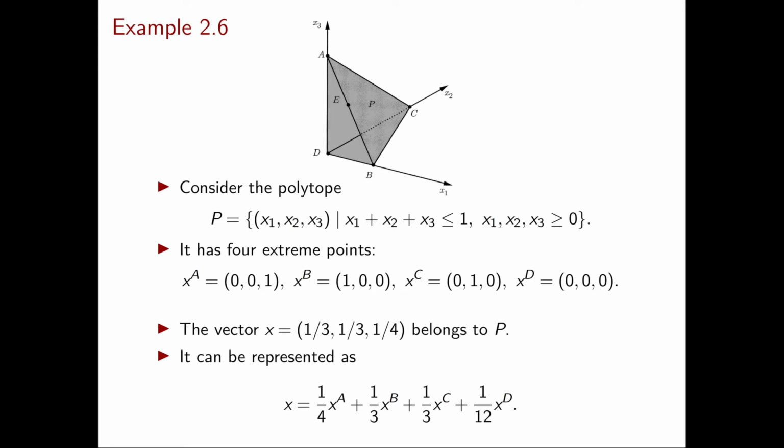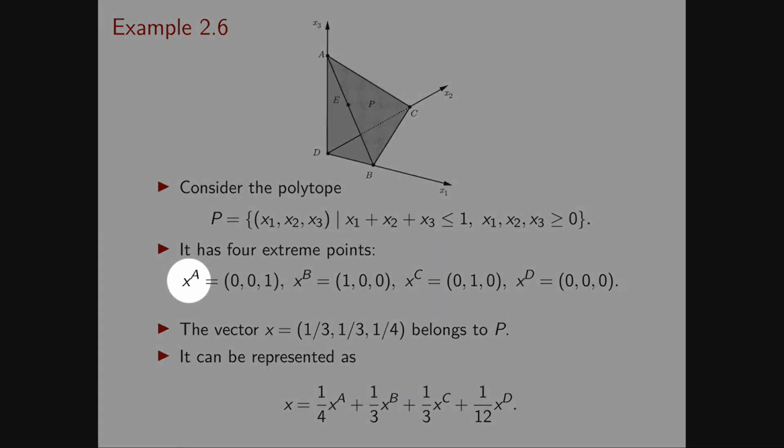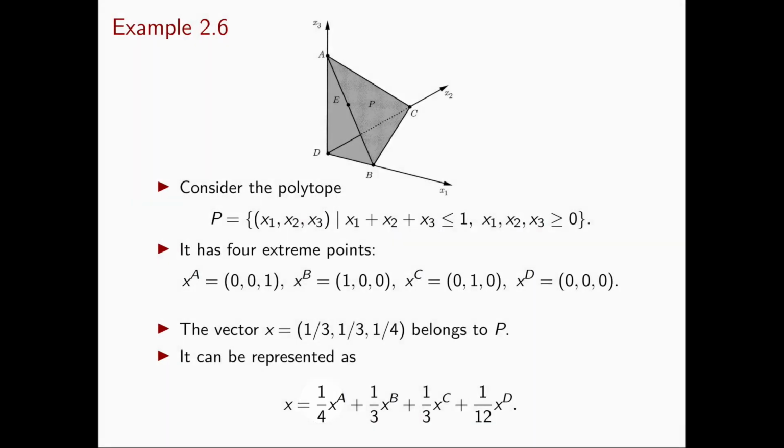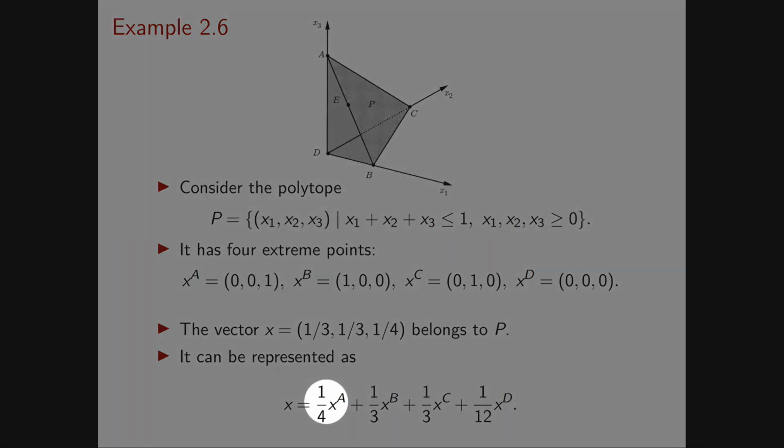So what we have to do is find the 4 lambdas corresponding to the 4 extreme points. You can check that the lambdas are given by 1/4 for the vector (0, 0, 1), 1/3 for the extreme point (1, 0, 0), 1/3 for the extreme point (0, 1, 0), and 1/12 for the vector (0, 0, 0).